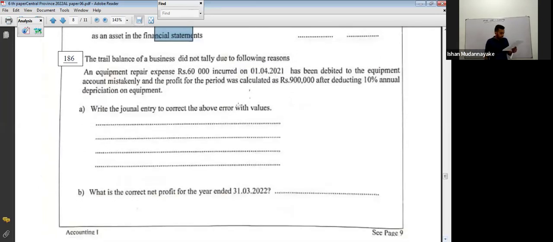Now I look at question number 186. The trial balance of a business did not tally due to the following reasons.